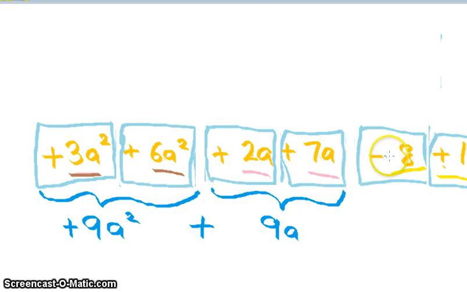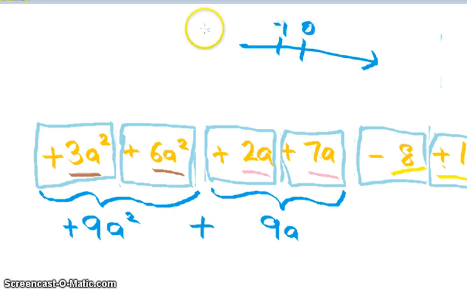Okay, what about this? Negative 8 plus 1. If you're not sure what the answer is, some of you guys will give me 7, some of you guys will give me 9, so we're not sure. There's always the calculator, but remember your number line. There's a 0 here, and a minus 1, and so on. There's a minus 8 around here.